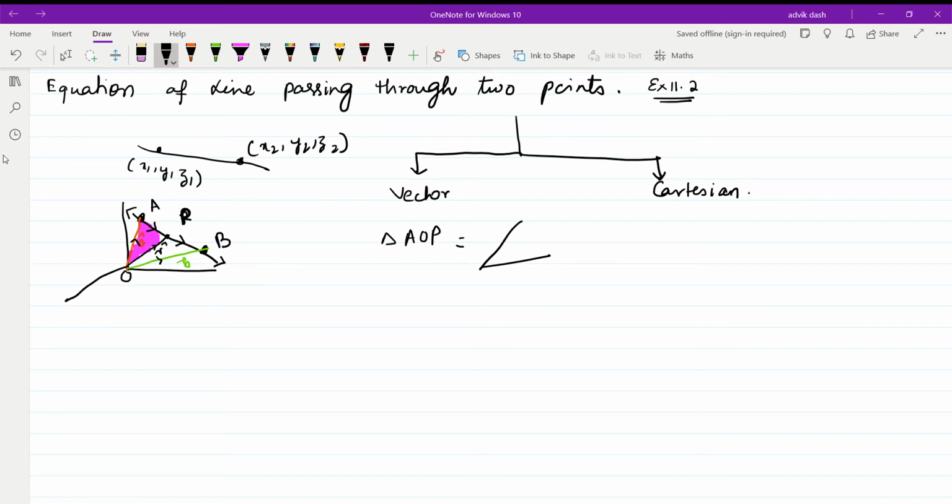I will just segregate it. This is A, this is R, and this goes in this direction.